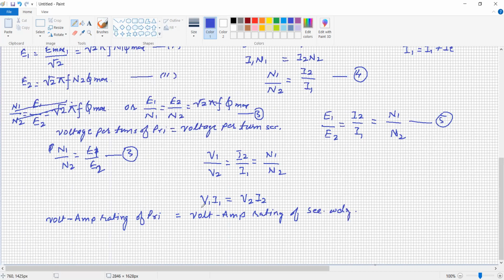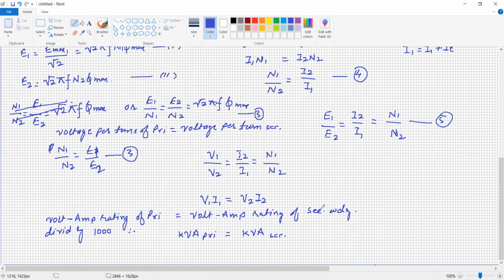So if you divide by 1000, therefore it is a kVA rating. The kVA rating of the primary is equal to the kVA rating of the secondary.